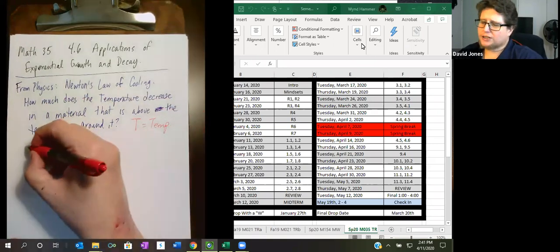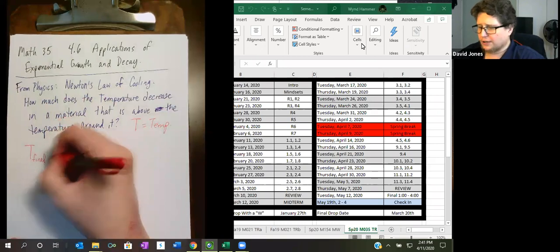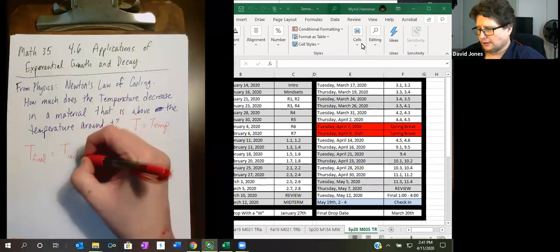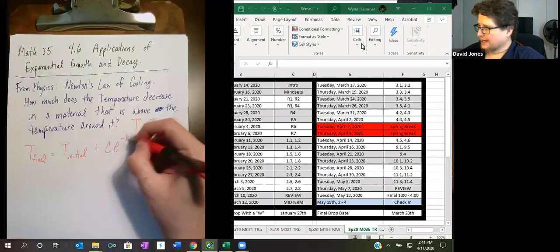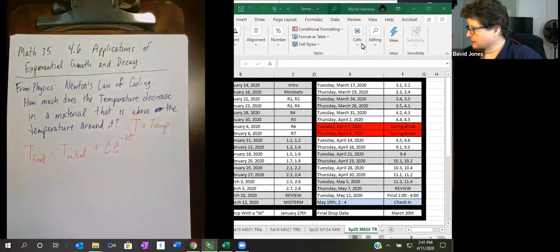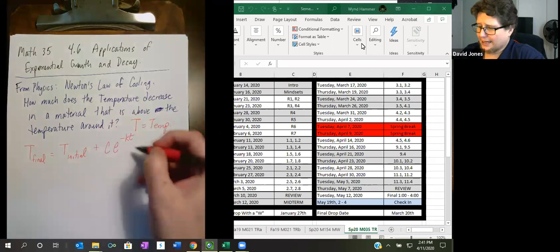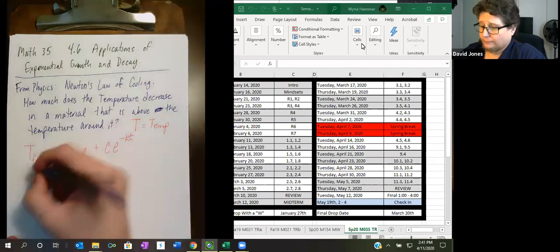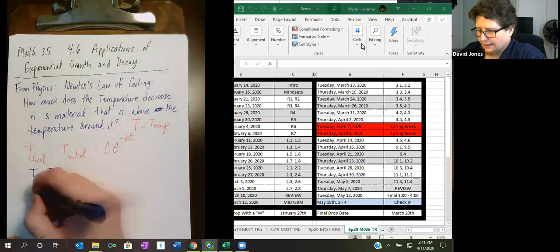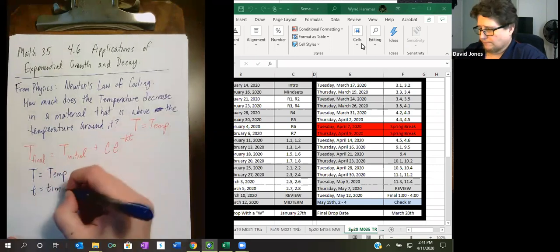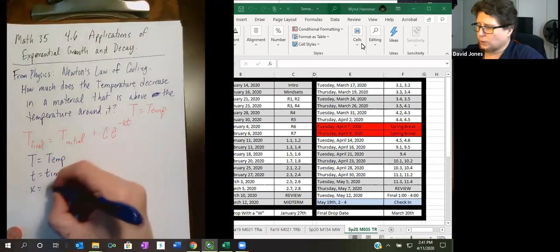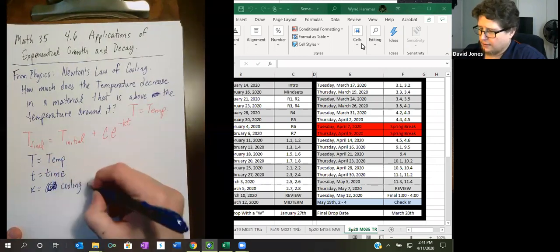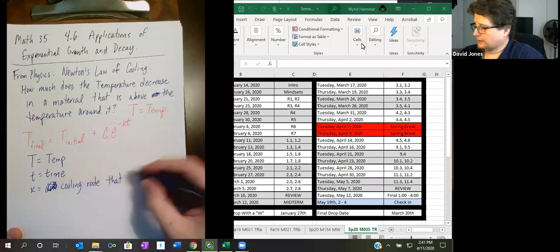And the equation that governs it is the final temperature equals the initial temperature plus a cooling factor times e to the negative kt. Big T is temperature, little t is time, and k is a cooling rate that is specific to the material.